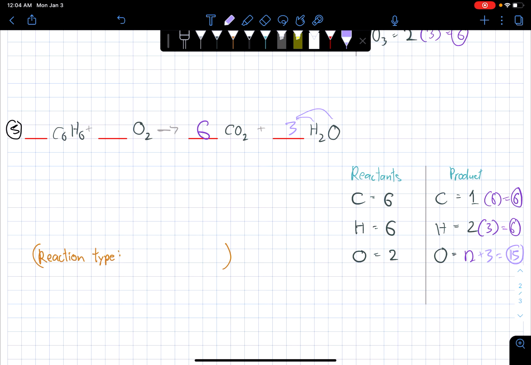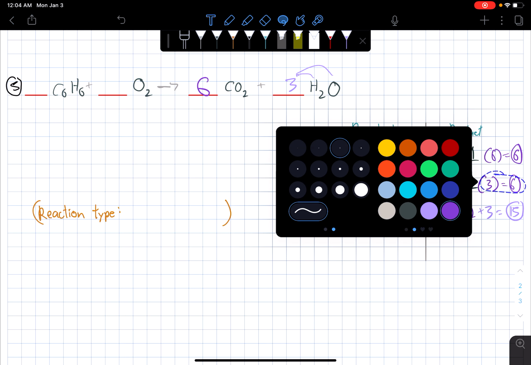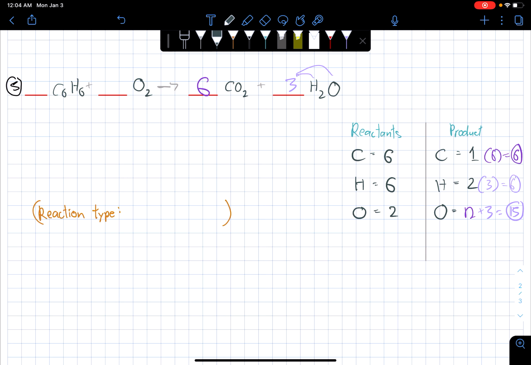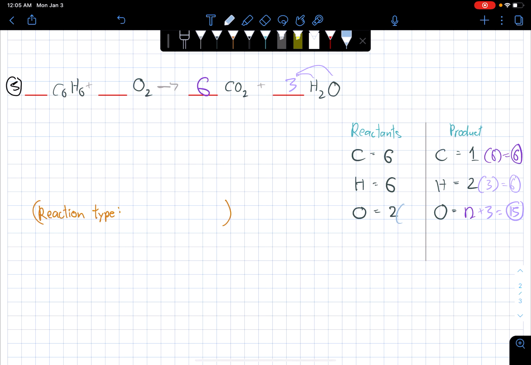Now, with this solution, let's just change the style of this. Light purple. For oxygen at the reactant side, in order for it to be equal to 15, suppose in your mind you might want to multiply it with 15 over 2 so that you get 15.